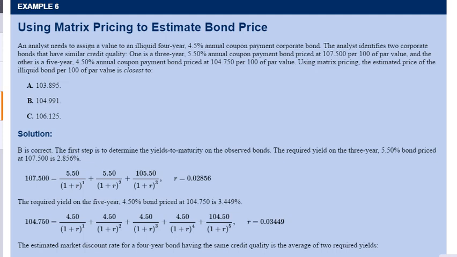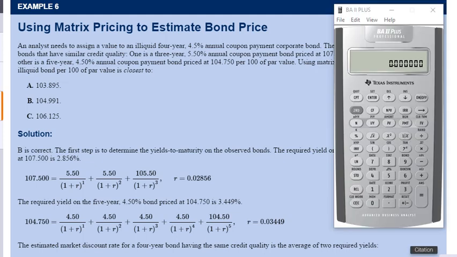So when we're going through the solution, the first thing that we need to do is calculate the yields on the two bonds that are given. So I've got my calculator. I'm going to calculate the yield on the first one. These are both annual, so I'm going to check my P/Y is set to 1. The future value is going to be 100, of course. On the first one, it's a 3-year 5.5 priced at 107.5, and it's annual.